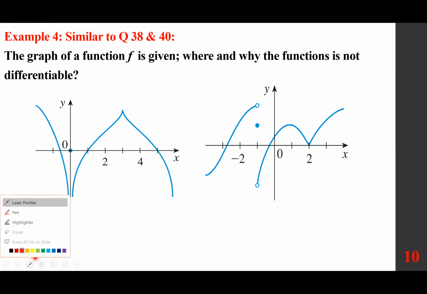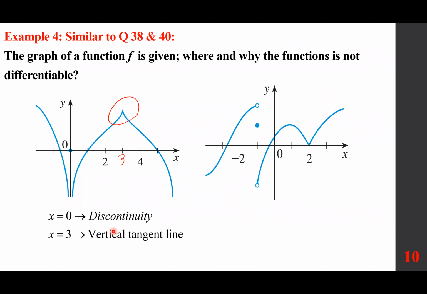Also, look at this point. If you call this a sharp corner, I'm okay with that. But it is really a vertical tangent line. And how do we know that? Give me a second and I'll explain it to you as soon as we are done with the second graph, because I want to compare and contrast.